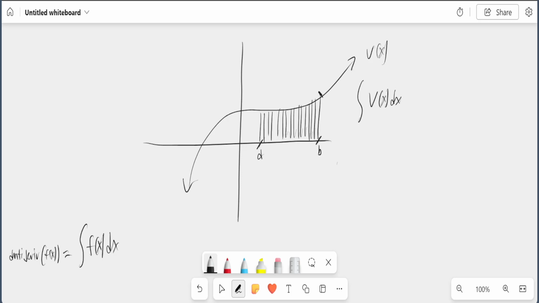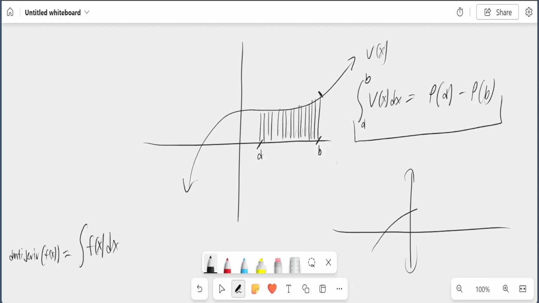That is also why if we go from a to b, that's equal to the position at b minus the position at a. This makes no sense, right? Initially, it makes no sense. But if you think about it, if you add up these changes, that'll be shown in the position curve, right?